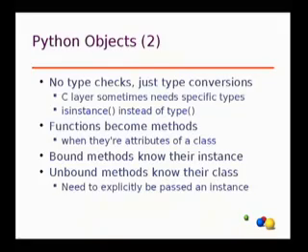Functions become methods by magic in Python. It happens when you get an attribute of an object, or rather, when you get an attribute of a class through an object. Whenever you get an attribute of a class that is a function, it gets turned into an unbound method, which is a method that knows it's a method, and it knows which class it belongs to, but it doesn't know which instance.